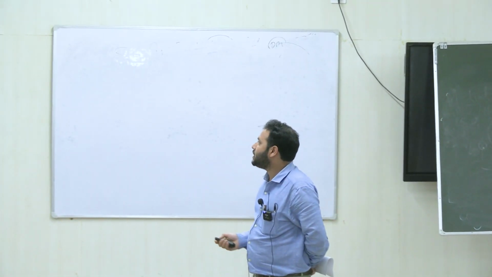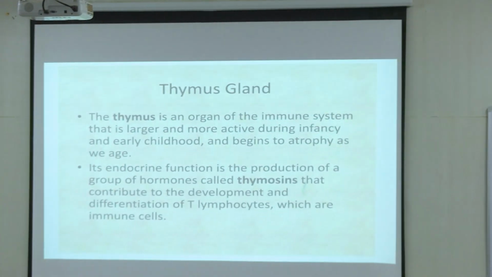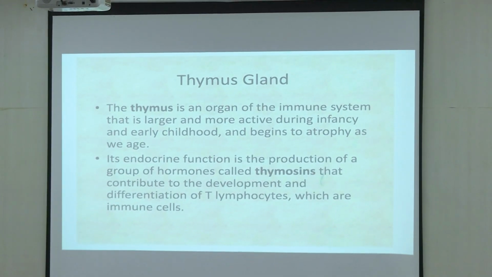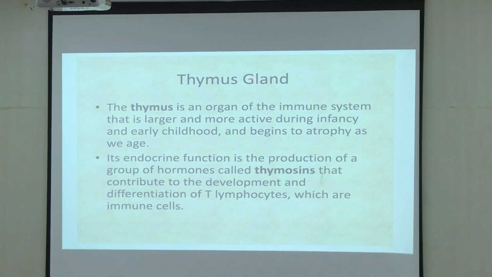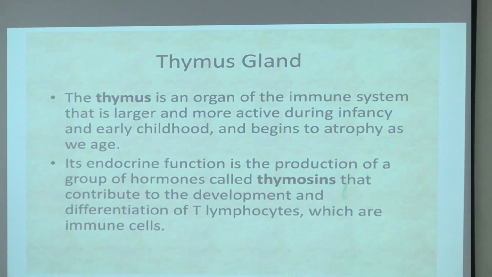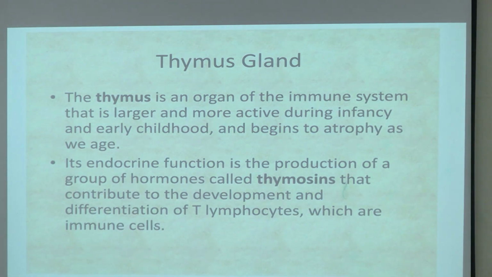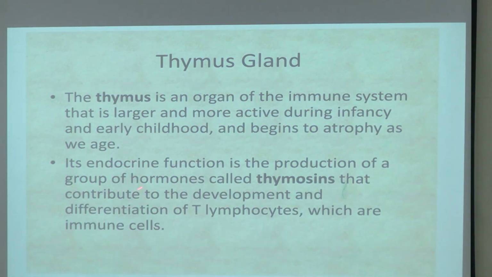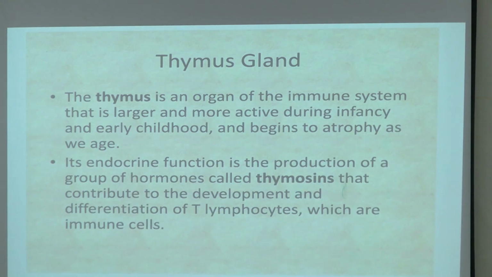Here you can see the thymus is an organ of the immune system, and this thymus gland basically produces a specific type of hormone that is called thymosin, right? And that thymosin contributes to the development and differentiation of certain types of immunocells.